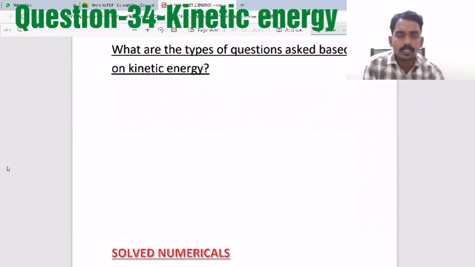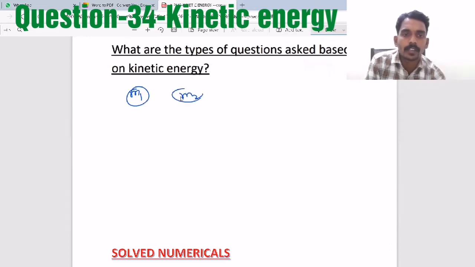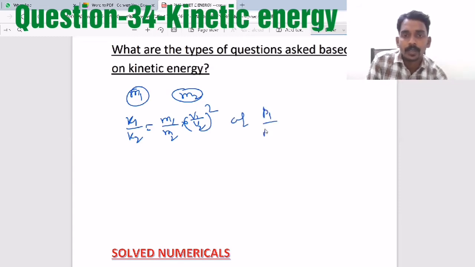And sometimes they will ask questions based on comparison. Let's take two particles m1 and m2. Then k1 by k2 equals m1 by m2 into v1 by v2 whole square, or else p1 by p2 whole square into m2 by m1.